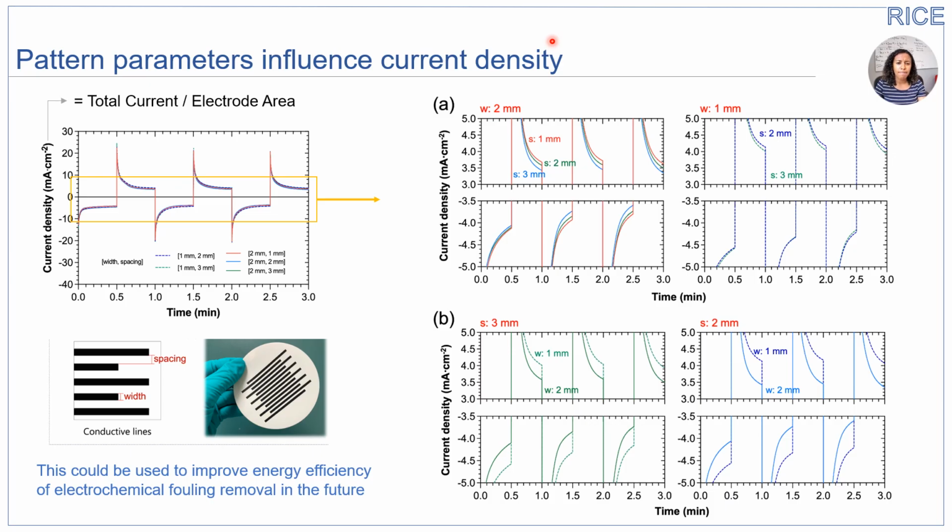And the bottom two graphs here, at constant spacing, smaller arm widths result in more current. So this could be used in the future to improve the energy efficiency of electrochemical fouling removal.